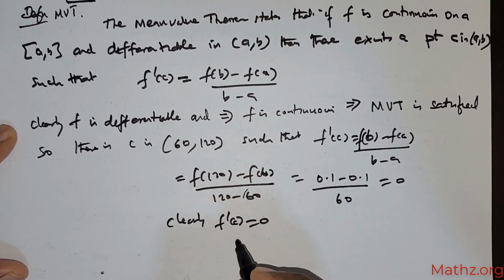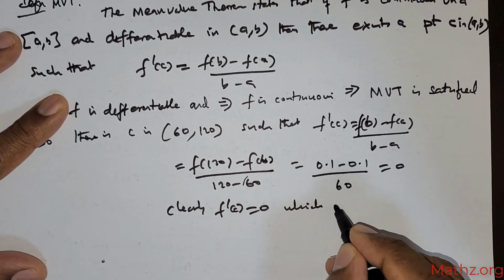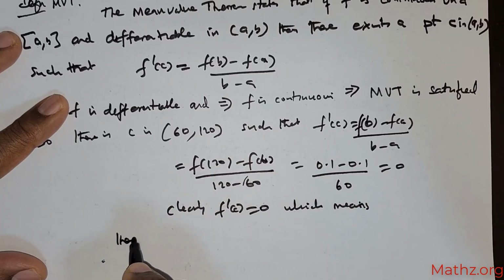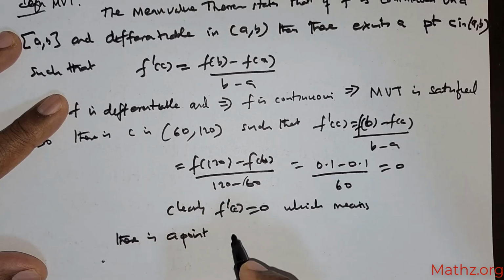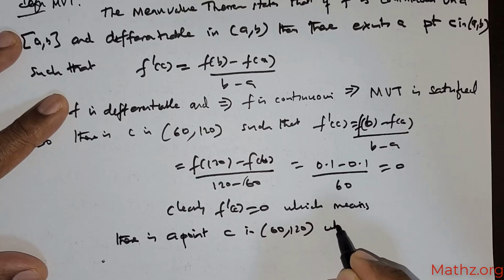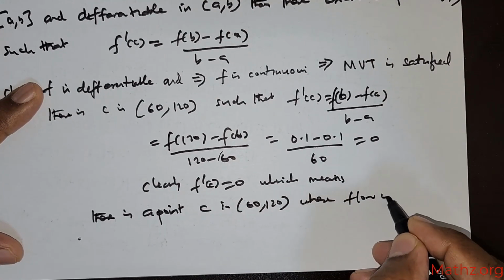Now what is the meaning of this? The meaning I'm giving is that there is a point C in (60, 120) where the flow is steady.